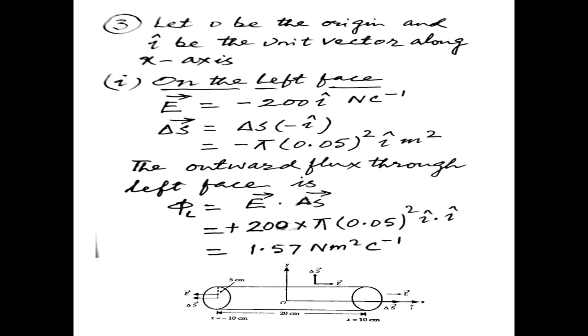So on the left face, we find that E equal to minus 200 i Newton per coulomb and delta S equal to delta S minus i, which is minus pi into 0.05 whole square i meter square. The outward flux through the left face is given by phi L equal to E dot dS. Now we solve it and we find that it is 1.57 Newton meter square per coulomb.